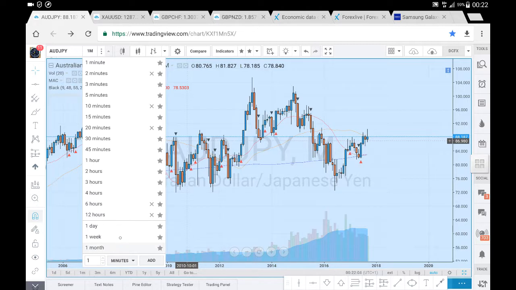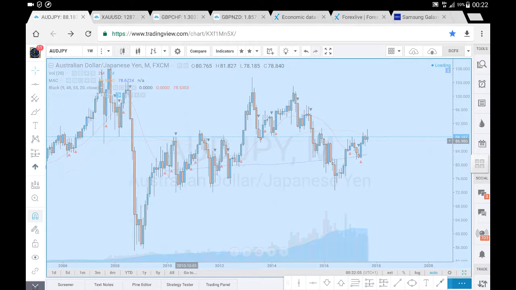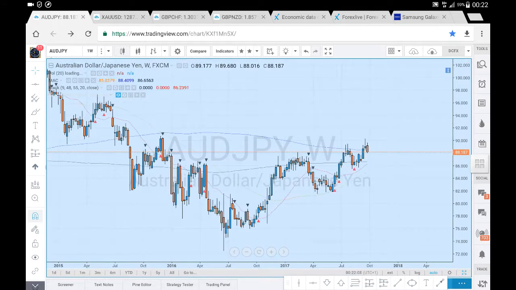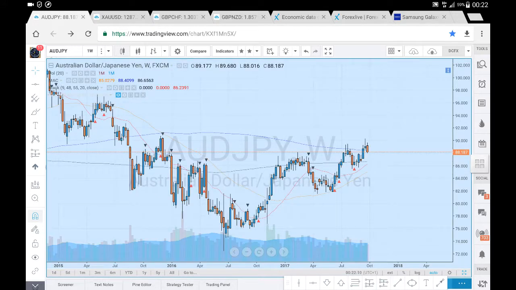On a weekly time frame, we do appear to be in bearish territory in relation to the weekly pivot, but it could be argued that we're just retesting from the other side this 200 period moving average on the weekly chart. We're not in fact breaking down, despite us breaching it.